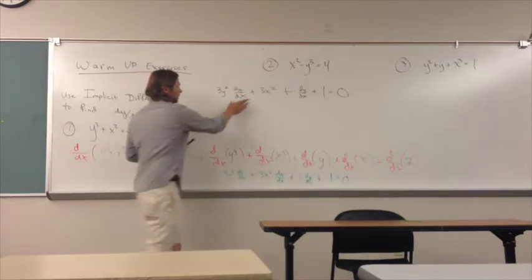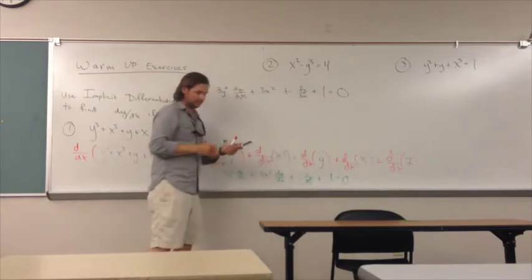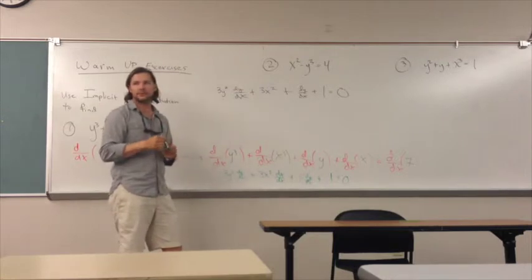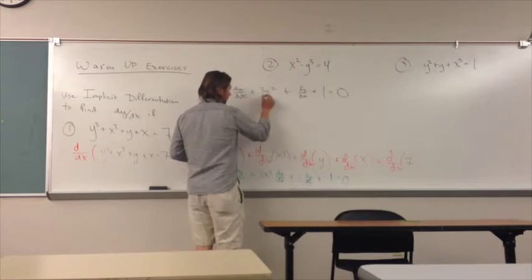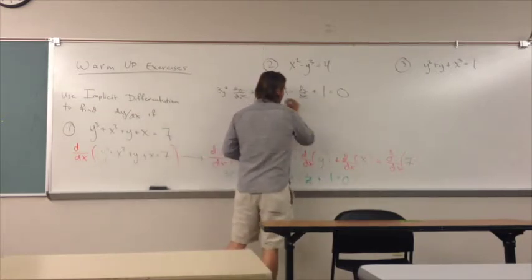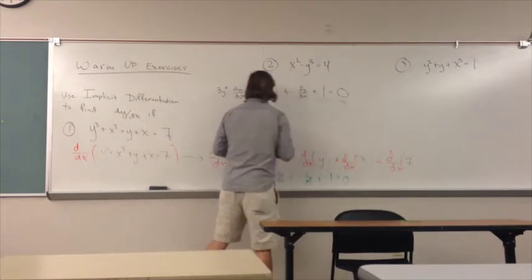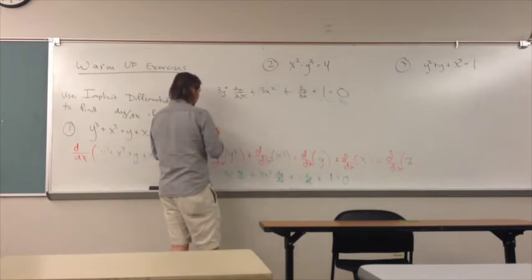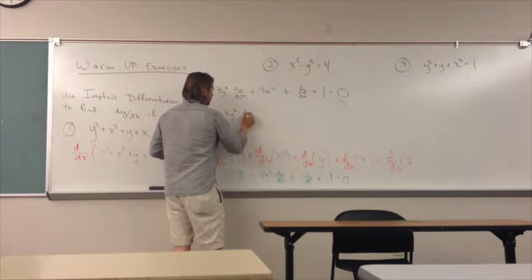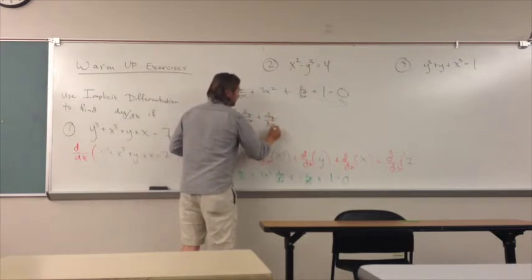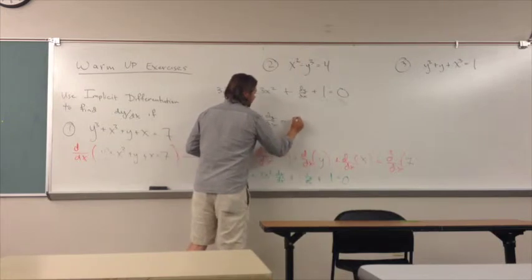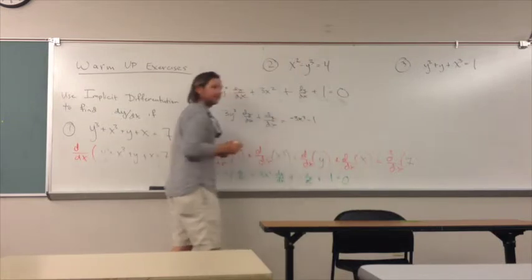How do I get dy dx by itself? Subtract 3x squared and 1 to the other side. I'm going to move the terms that don't have dy dx over to the other side by subtracting. So this is going to give me 3y squared dy dx plus dy dx equals negative 3x squared minus 1.